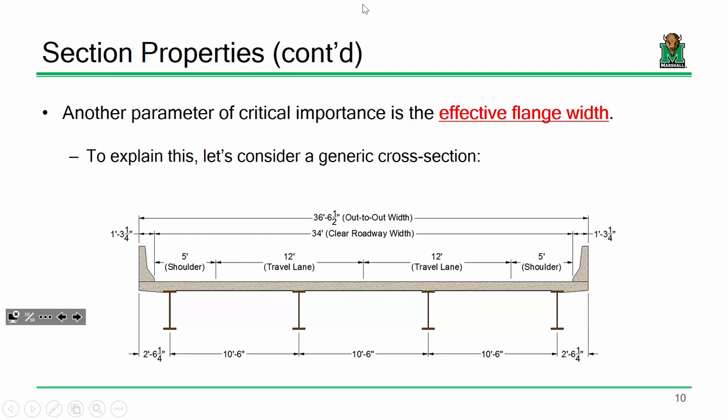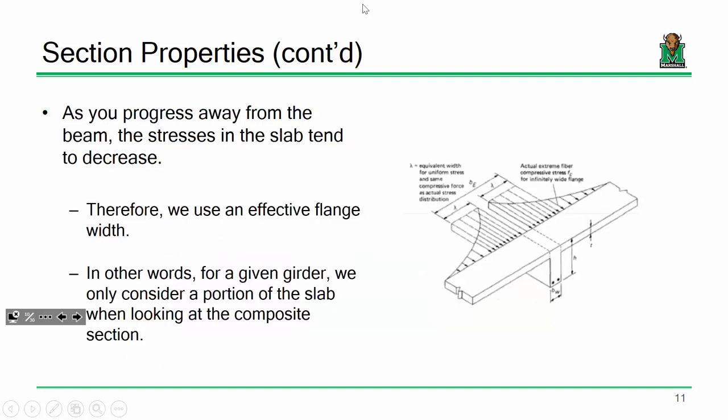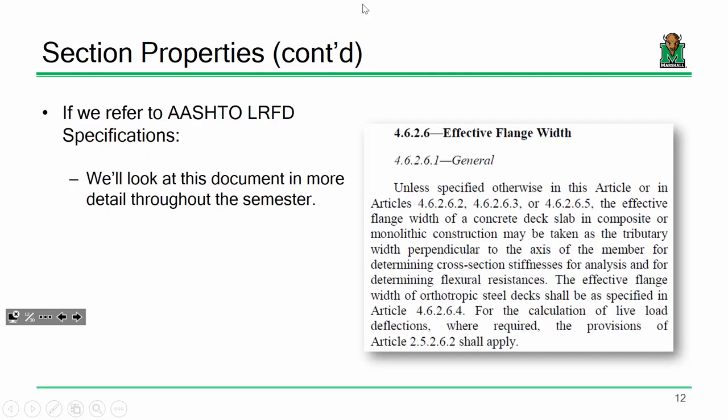We also talked about the effective flange width, the idea that a portion of that deck is going to be efficient for that girder, not all of it. So if I'm isolating a given girder, what portion of that deck am I going to consider? And we went through and talked about the behavior, and ultimately it was just the tributary width, and that was a piece of the spec. You all now have a couple sets of the spec.